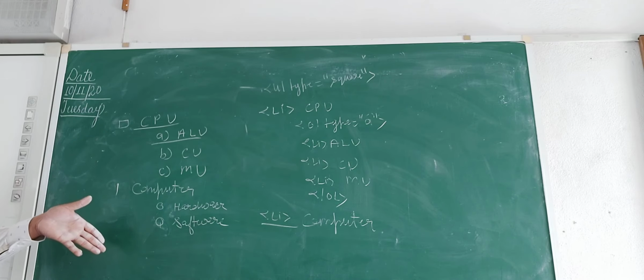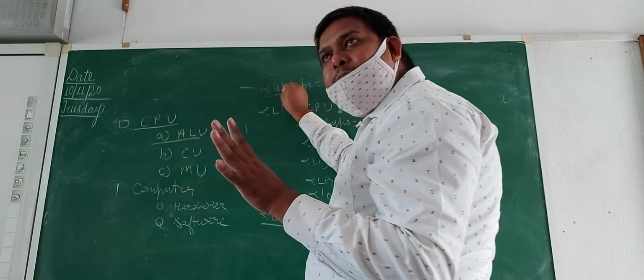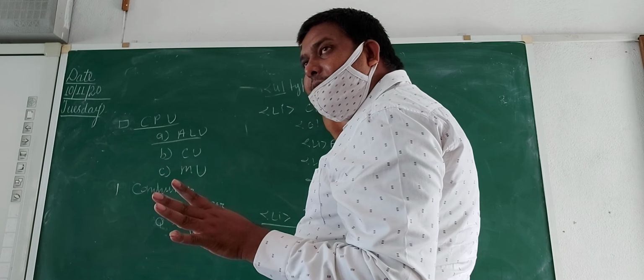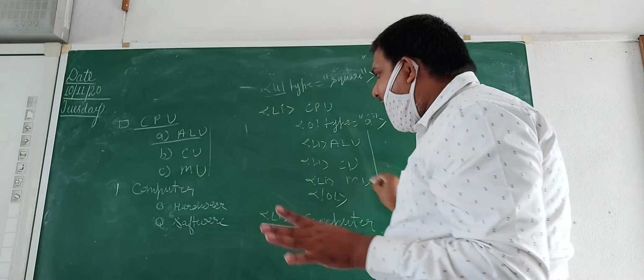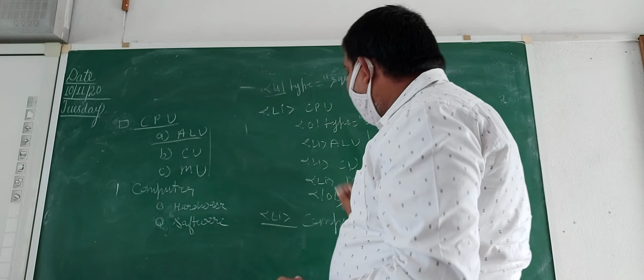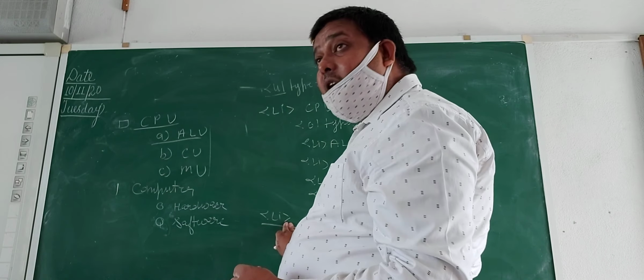Then here we have done UL, no problem. Li comes CPU, we have done, and we have displayed all these items, and we have closed the OL, and then here I will close this UL also.